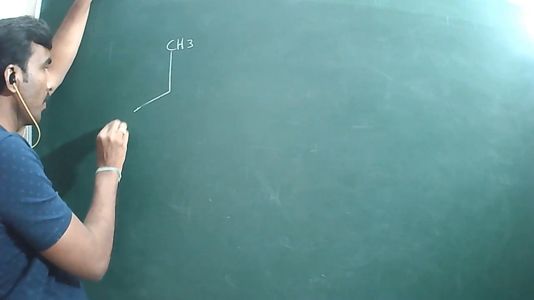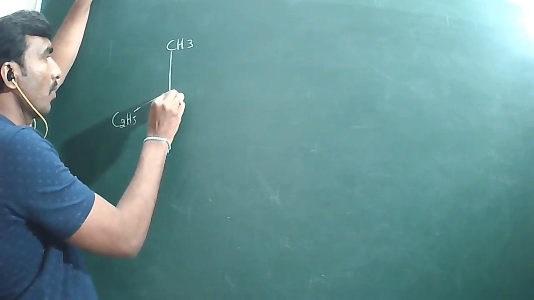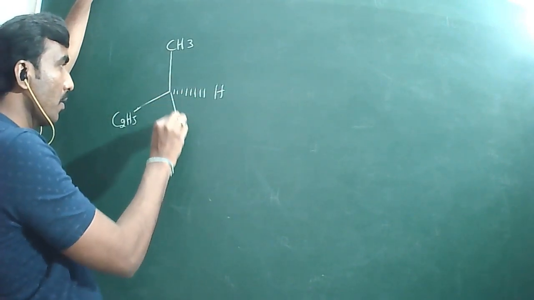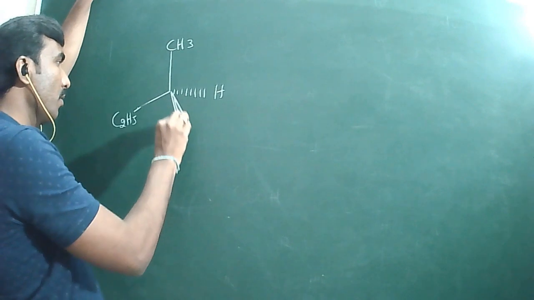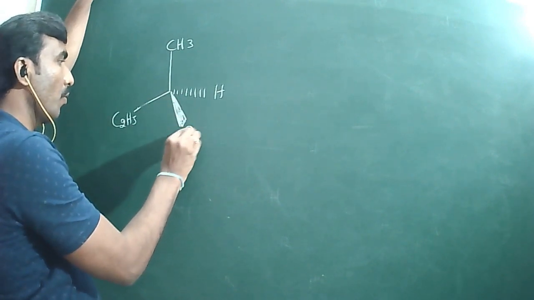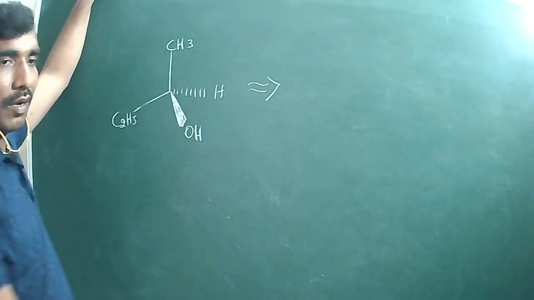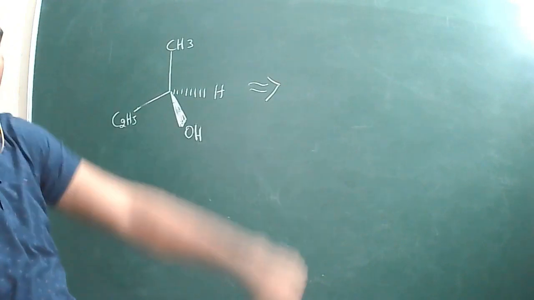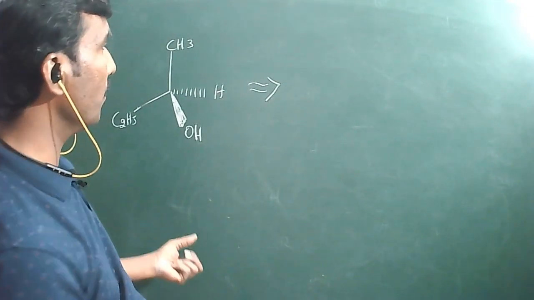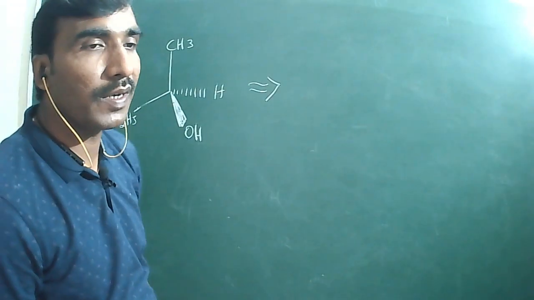Here ethyl C2H5, dotted line H and thick line OH. Means if you face any difficulty in giving RS configuration here, you can convert it into Fisher projection formula. And in the reaction mechanism, most of the time they will give the wedge dash formula, and you need to convert it into Fisher projection formula.